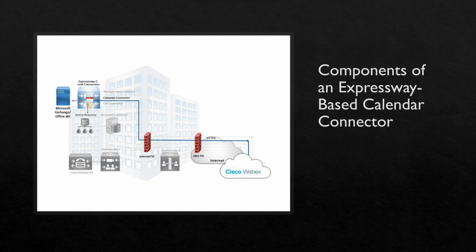It provides you with a single point of control for connector activities. The management connector enables cloud-based management of the on-premise connectors, handles initial registration with the cloud, manages the connector software lifecycle, and provides status and alarms if you have issues that need troubleshooting.